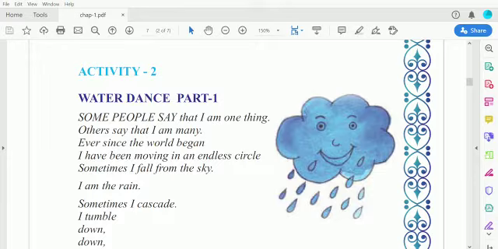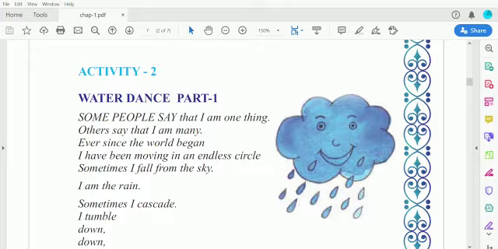If you see it in a pond, then pond. In that way, it is named in different ways, but all together it is one. Water is one, but it has been named in different ways. That is what we are going to see in this lesson.